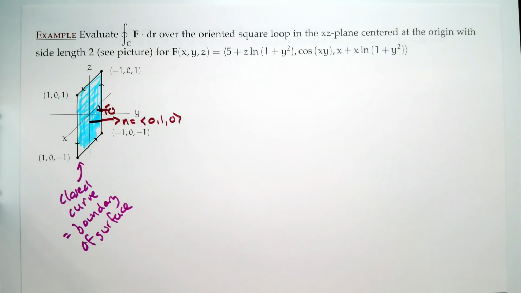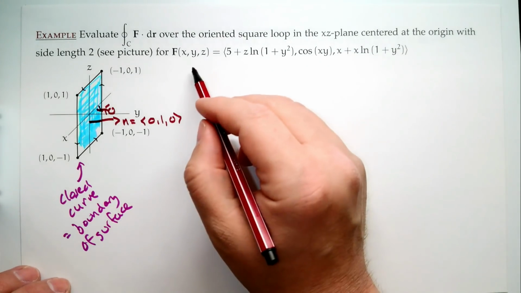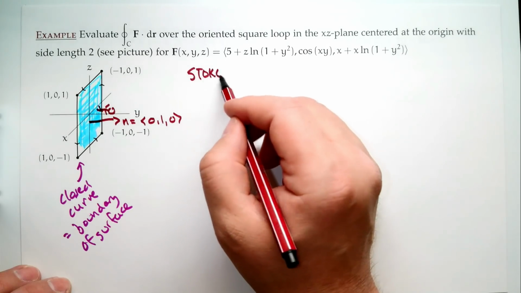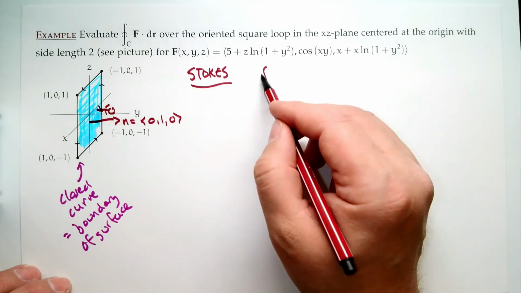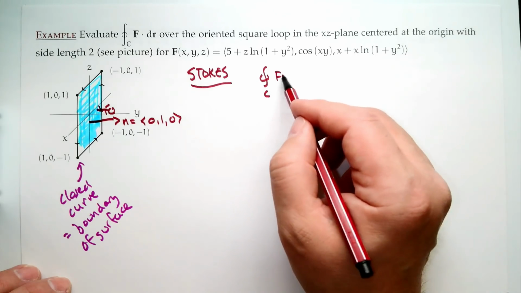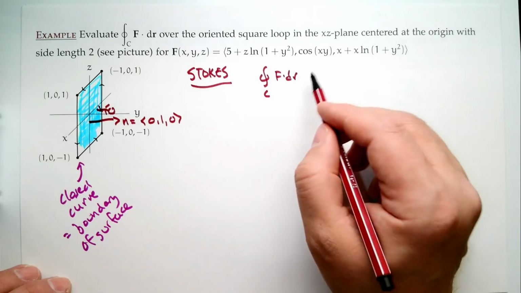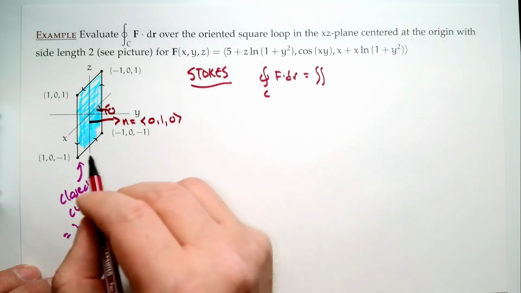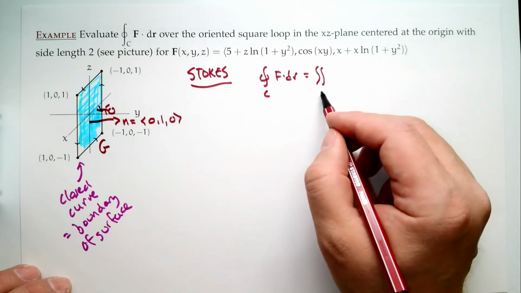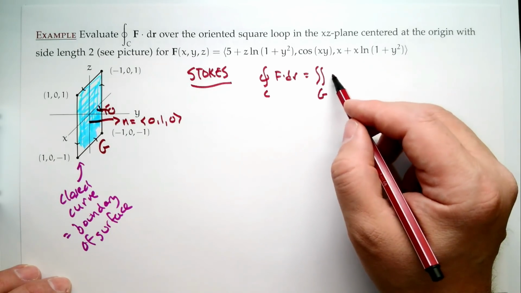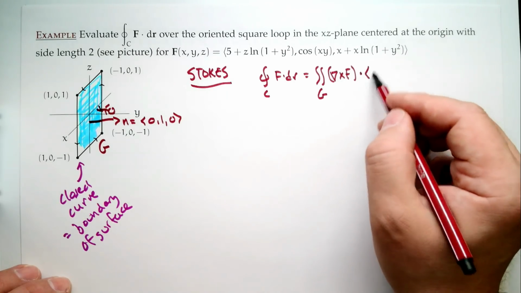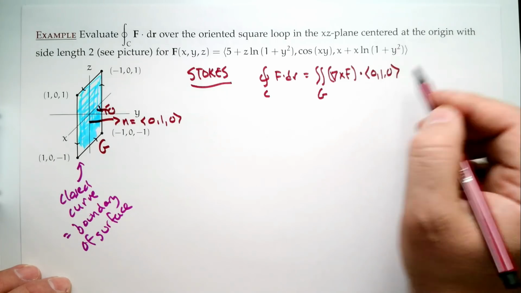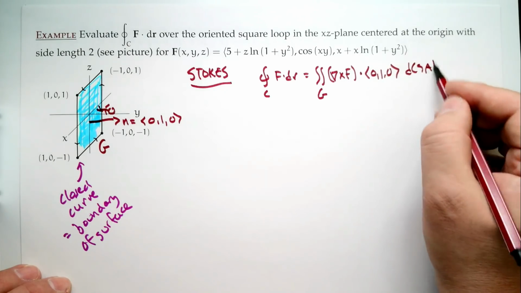Okay, so what we can say is now by Stokes' theorem, we can do the following. The integral along the curve of f dot dr is equal to our integral over our surface, we'll call our surface G, just need a name, of the curl of f dot n, which is 0, 1, 0, dS.